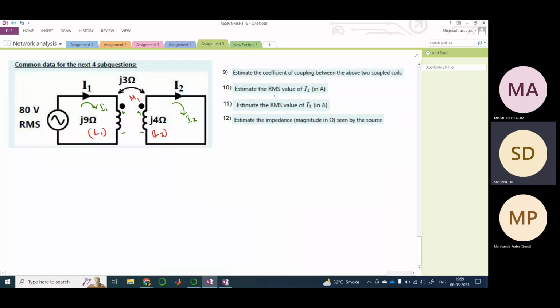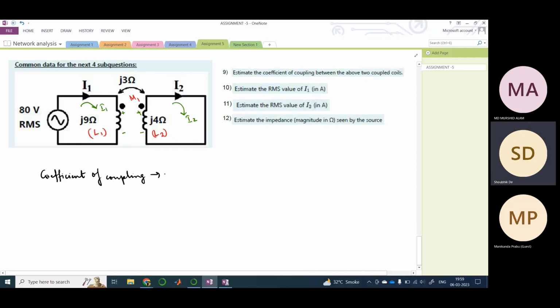Now there are four straightforward questions. In the first question, they have told us to estimate the coefficient of coupling between the two coils. These two coils are coupled, and there is a term called coefficient of coupling, which is a parameter to estimate how good the coupling is.